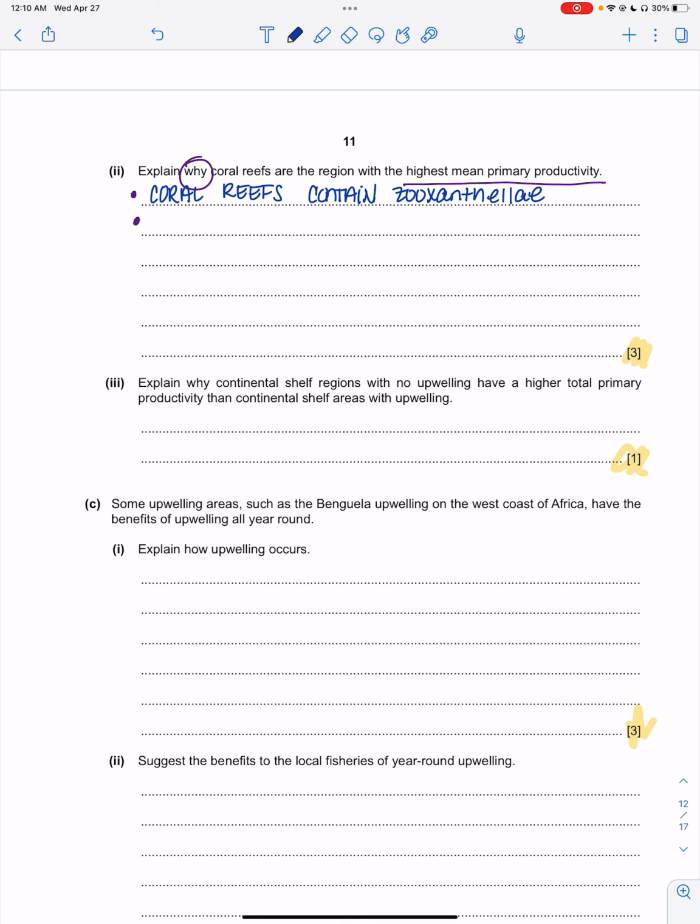So the zooxanthellae will supplement them by giving them some of the organic material they synthesize, and in return, the corals will give them carbon and a lovely place to live. You could also say "many photosynthetic organisms," but zooxanthellae is a better term to know.